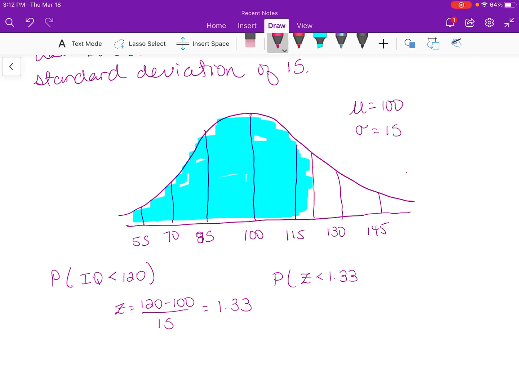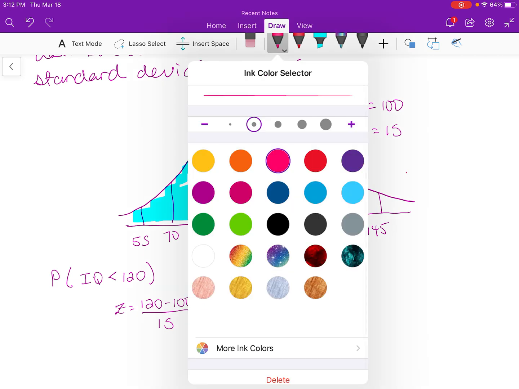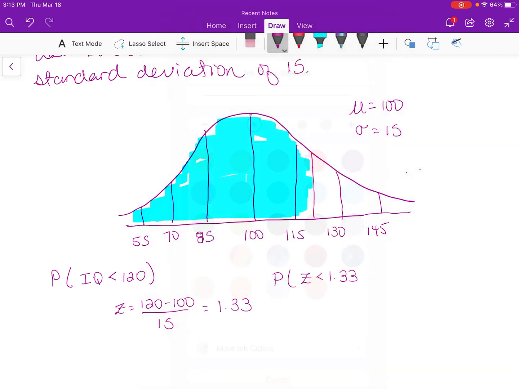And like I said, you could change that to a z-score and find the probability using the z-table. Or you could use your calculator.